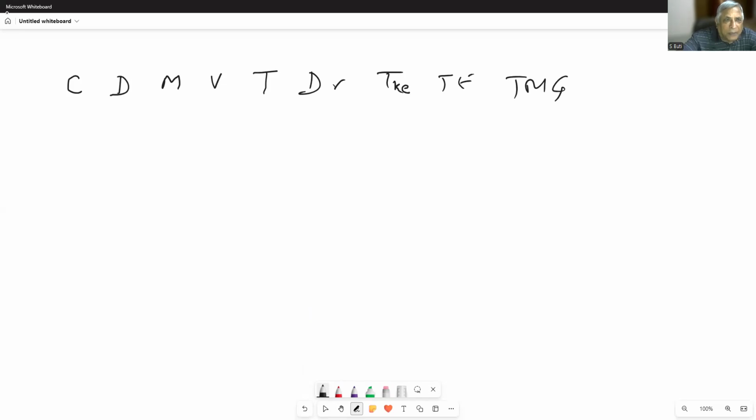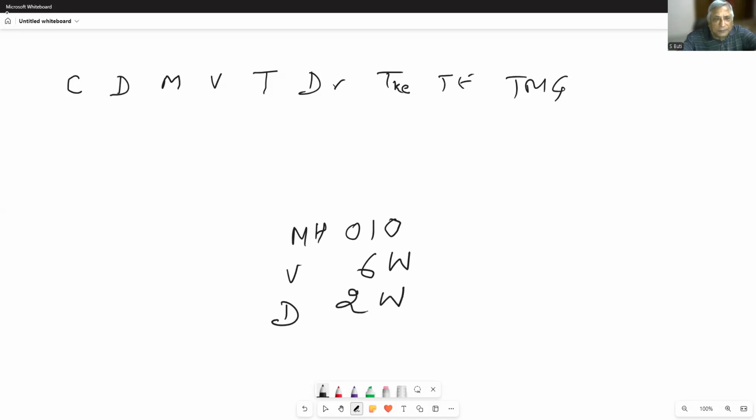Now, let me give you some questions. Let's see how far you can do this properly. Magnetic heading 010. Variation 6 west. Deviation 2 west.